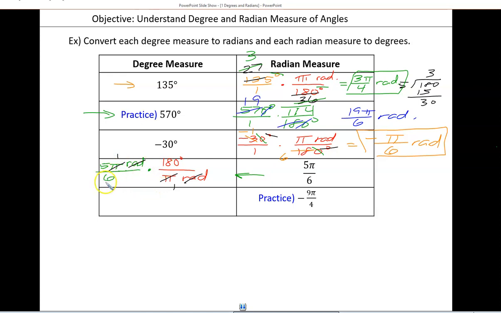And then we can look at reducing the 6 with the 180. And since 18 is a multiple of 6, then we can divide by 6. This gives us a 1. This gives us 30 degrees. And so we have 5 times the 30, which would be 150 degrees.